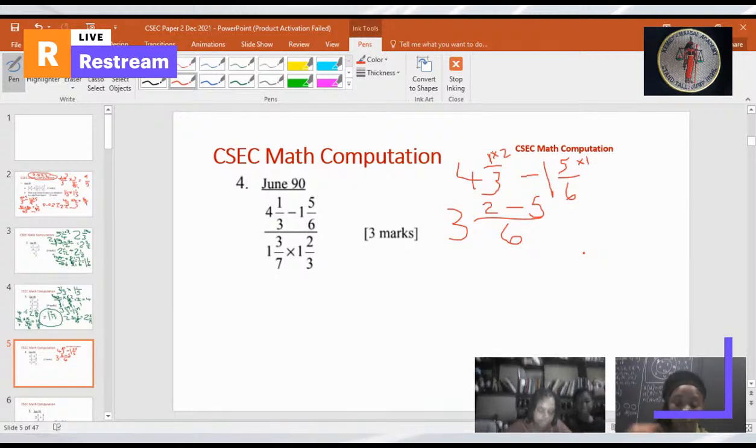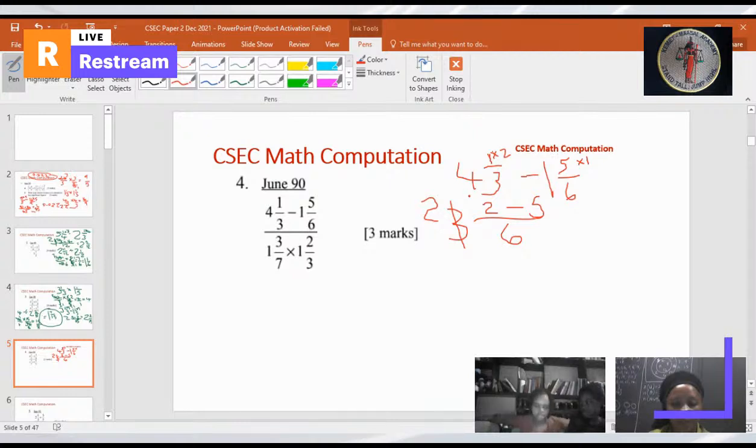When you subtract this, you're going to take 1 from the 3, leave 2. Then you add the 6 to the 2. We bring over this one whole as whatever this denominator is over itself.